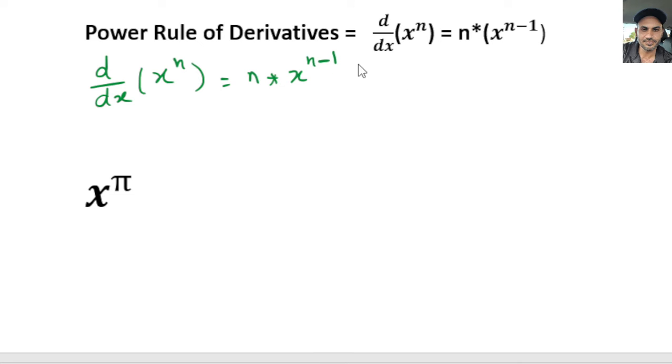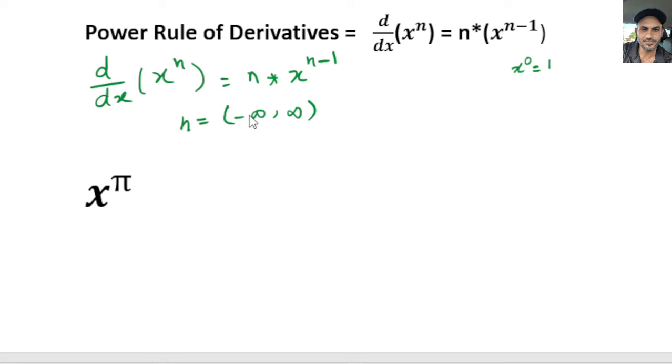And n could be any number between negative infinity and positive infinity except 0, because if we have n equals 0, then we have a little problem. If we have x to the 0th power, it's going to be just 1, a constant, and the derivative of that is going to be just 0.